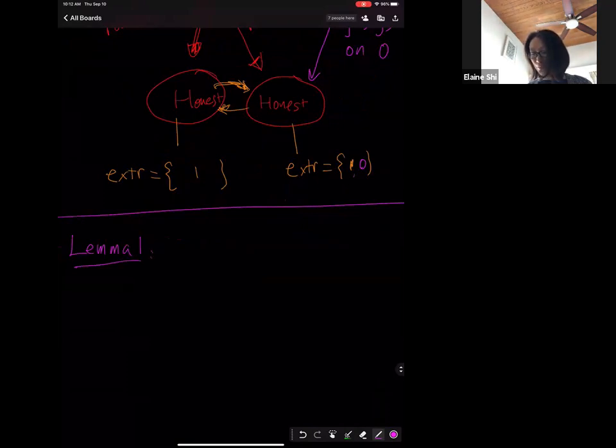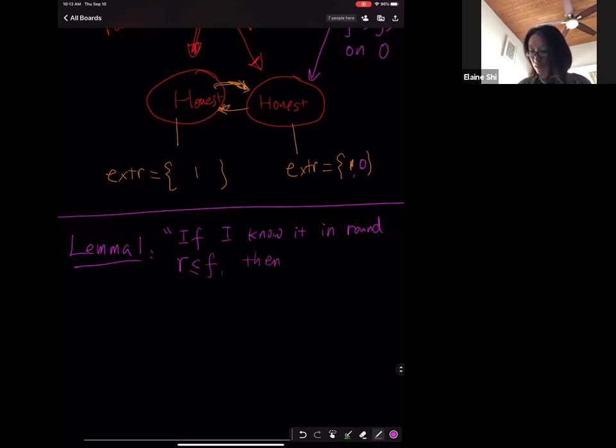The intuitive, informal statement of lemma 1, I'll write down the informal statement and then the formal statement. The informal statement is: if I know it in round R less than or equal to F, then you'll know it in R plus 1.